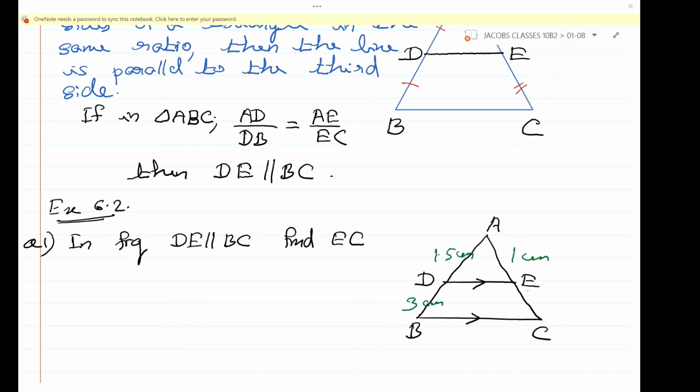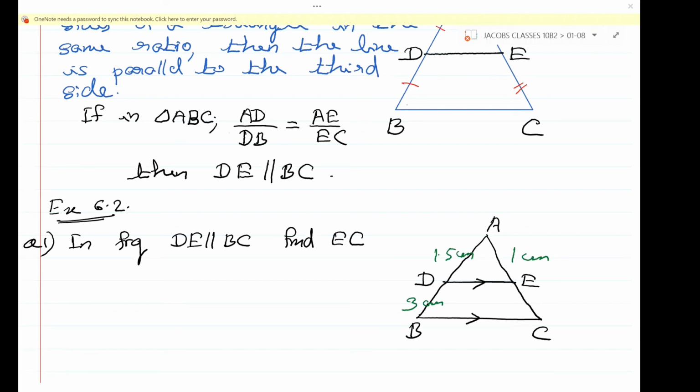Raga got the answer. Binu, correct answer. Rebecca, Muhammad Arham, all got correct answers. Okay, it's a very easy concept.